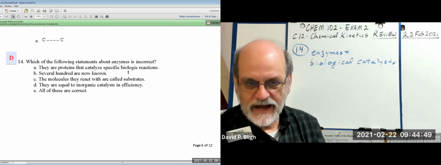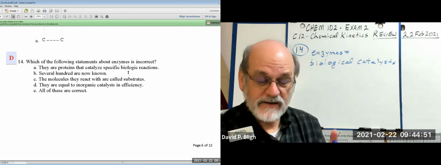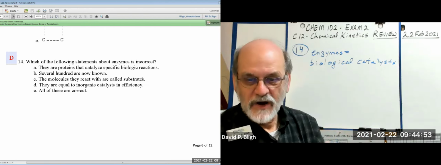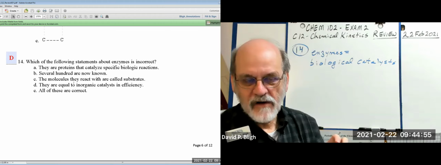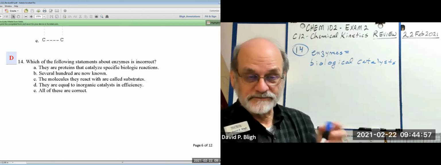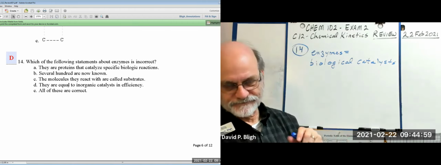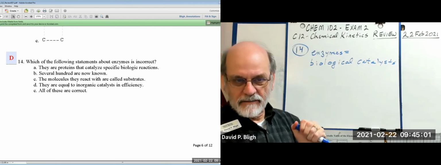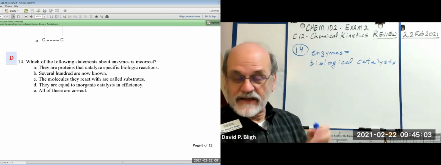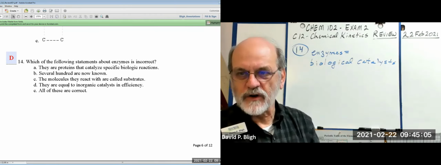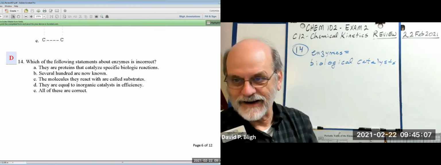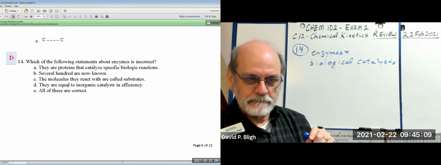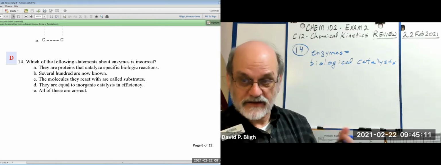Several hundred are now known. Actually, it's a lot more than that. When this question was devised, that was true. Several hundred. And that's true if you think of hundreds in terms of tens of hundreds, right? Thousands. So we can say A and B are essentially true.